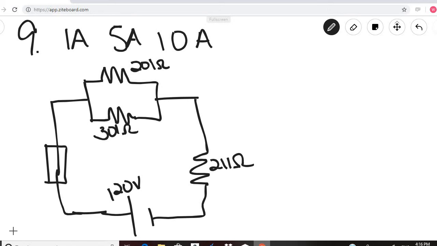Okay, so the first thing we have to do is determine whether these resistors are in parallel or in series. So if we start at the positive and go around to the negative, we see that here it's going to encounter a choice. So these two are in parallel.